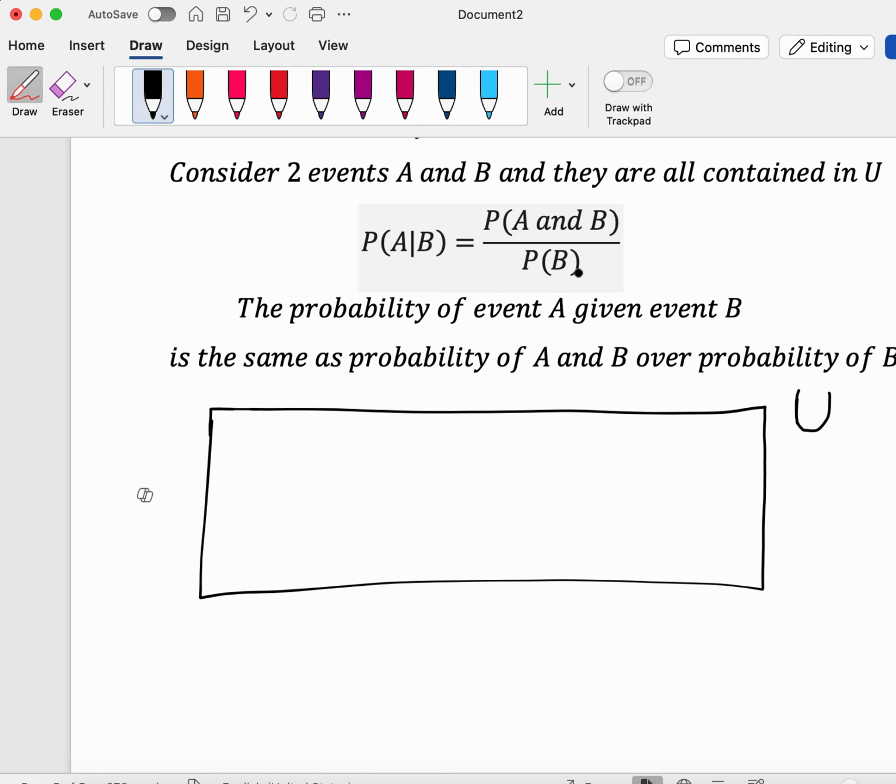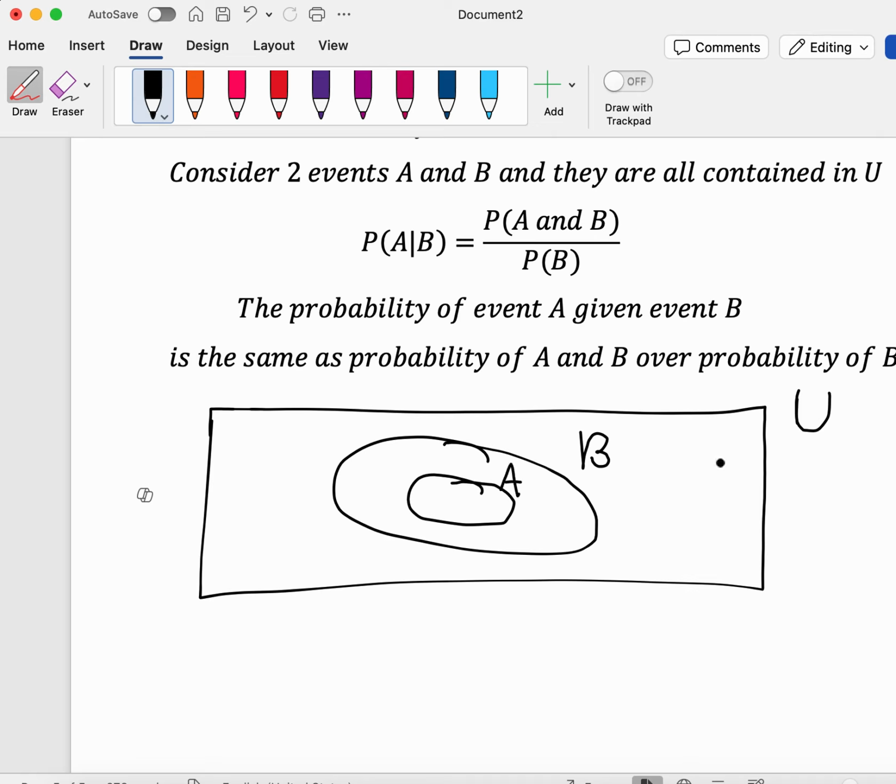And typically we want our sample space to add up completely to 1, just based on the rules and assumptions I've shown you before. Well, then the set B has to be bigger than the set A. B would be like this, and then A would be a subset contained inside it, like here. So A is a subset, inclusive subset of B.